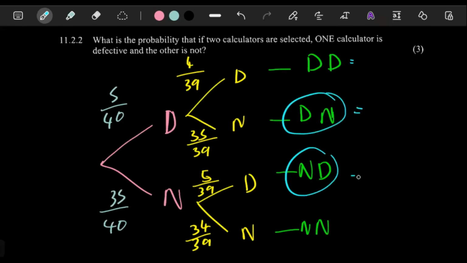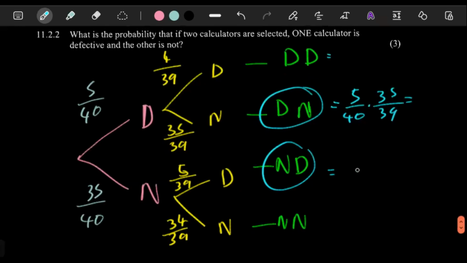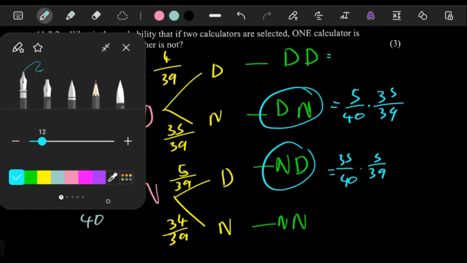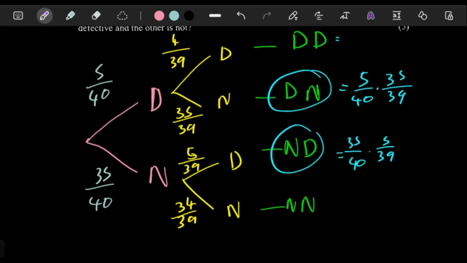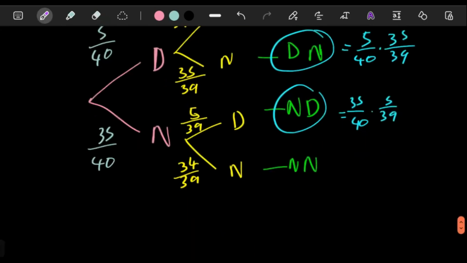Those 2 outcomes: this multiplied by the previous one, let's see what this probability is, and then for this one, this multiplied by the previous one. So these 2 probabilities are what we need to add up to find our answer. That's what we need to keep in mind when we're doing things like this.